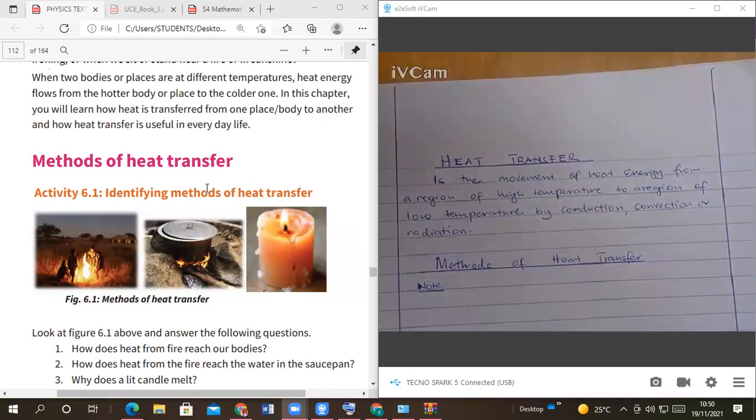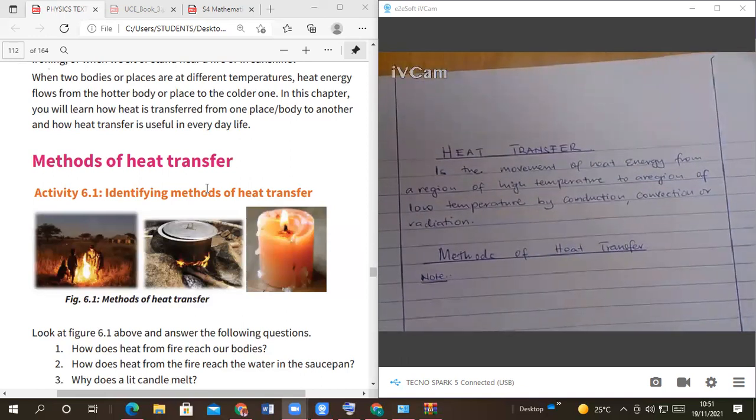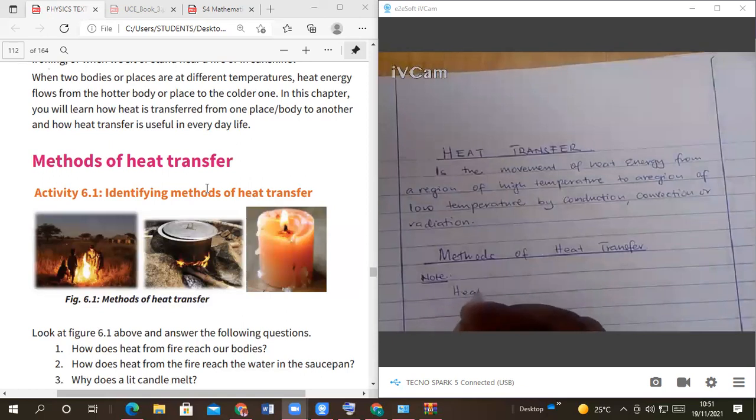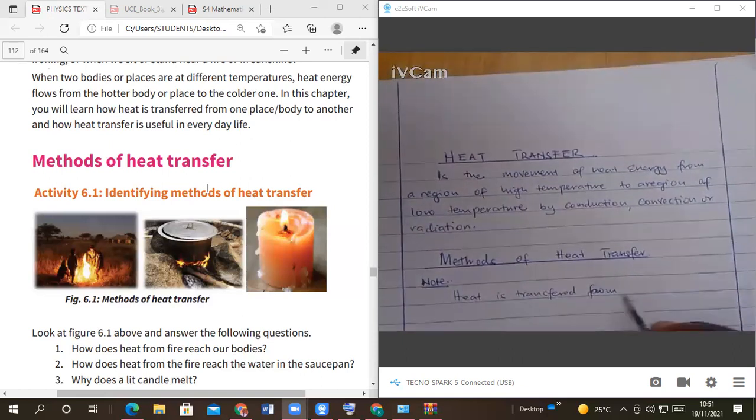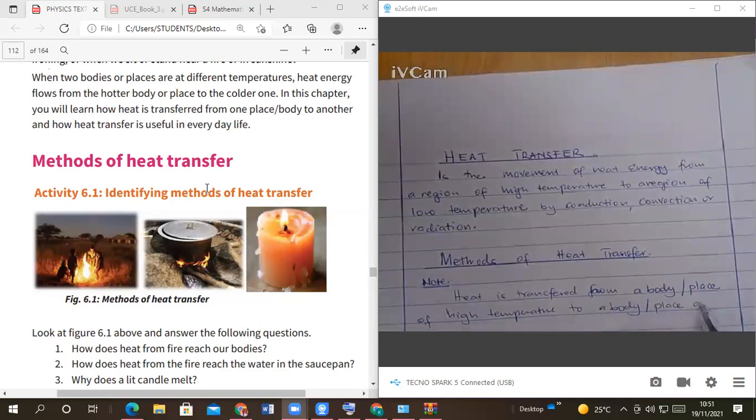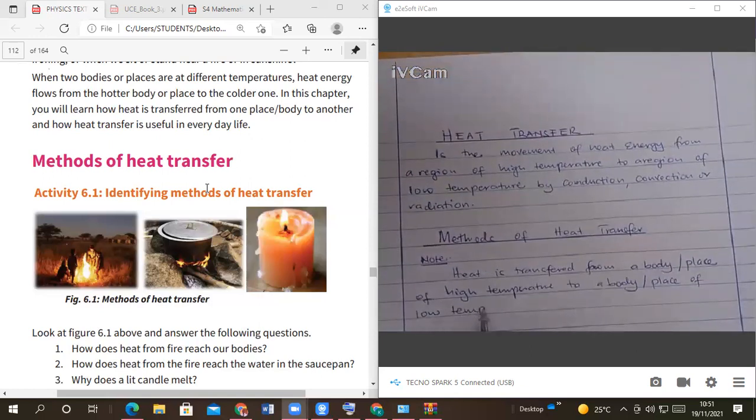So we say that heat is transferred from a body or place of high temperature to a body or place of low temperature.